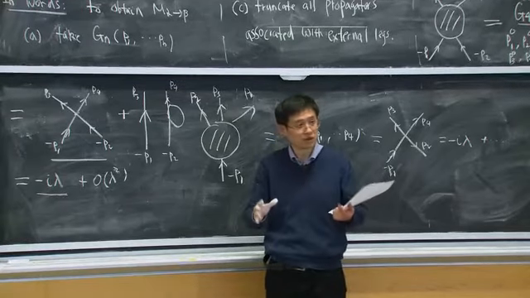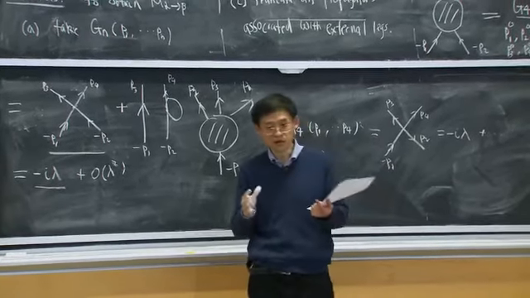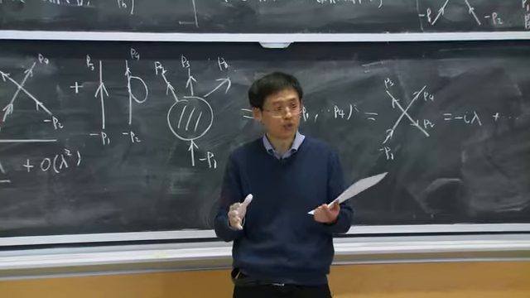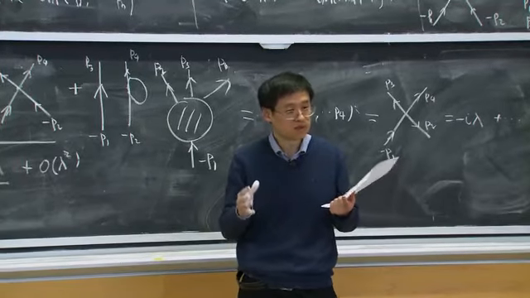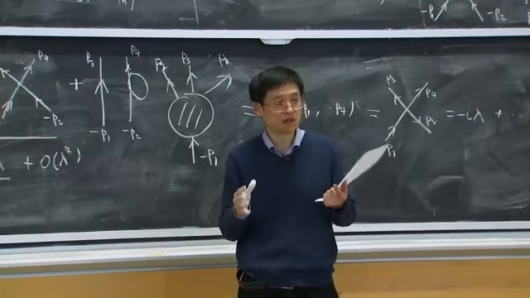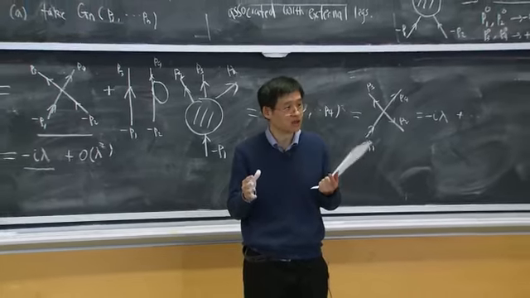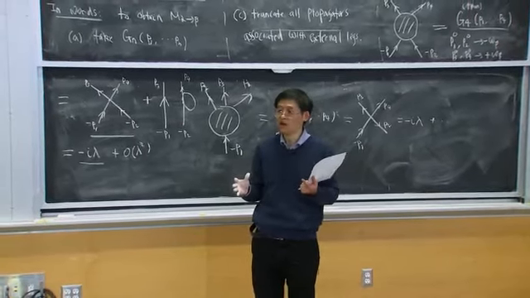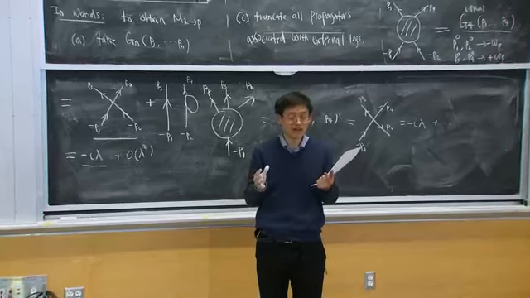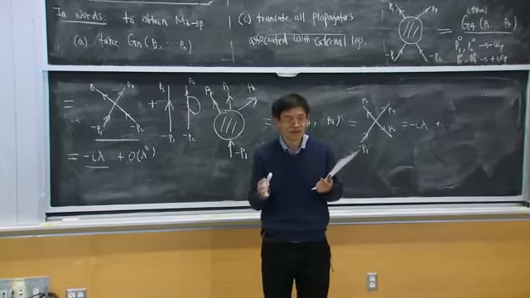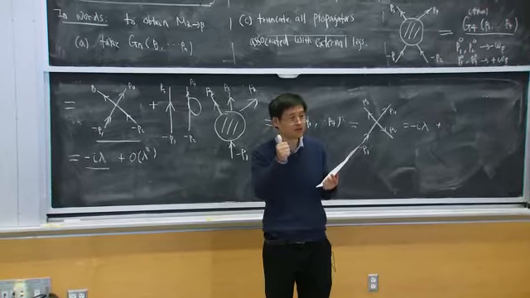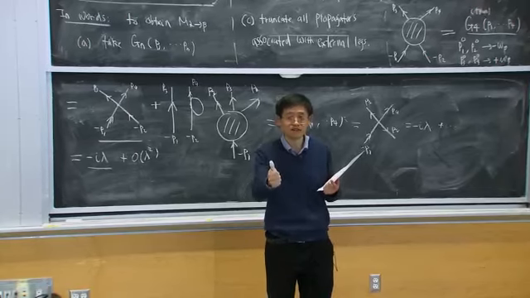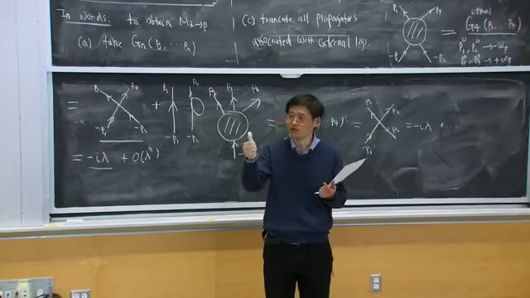Then we are done with the general formulation of interacting theory, and we will be equipped with the power to calculate any amplitude in any interacting theory using perturbation theory. But in order to calculate anything useful, we still have to first learn how to treat fermions and how to treat photons, and that's what we will do next.